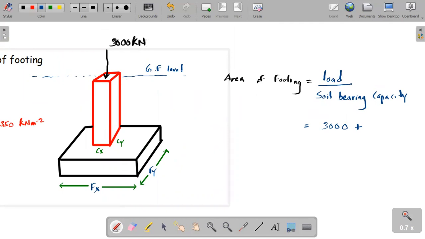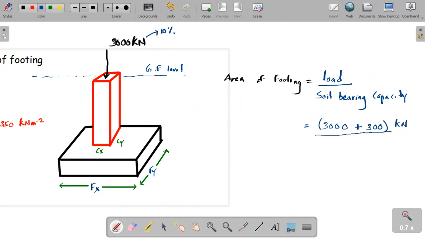So I will add 10%. 10% of 3000 is just 300. So 3000 plus 300, this is the total load, in kilonewton.